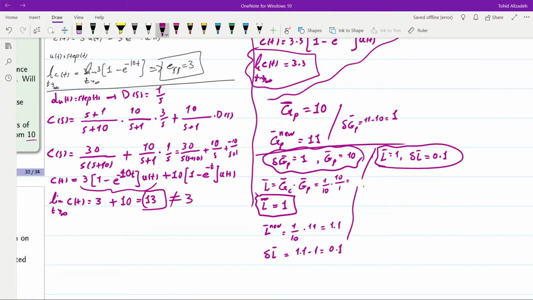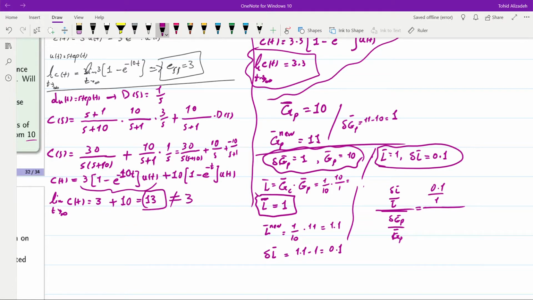Now if you remember the sensitivity theory, the sensitivity that we checked for the open loop system was equal to 1. So delta L bar over L bar divided by delta GP bar over GP bar was equal to 1. Let's see if that's the case. Delta L bar is 0.1 over 1.